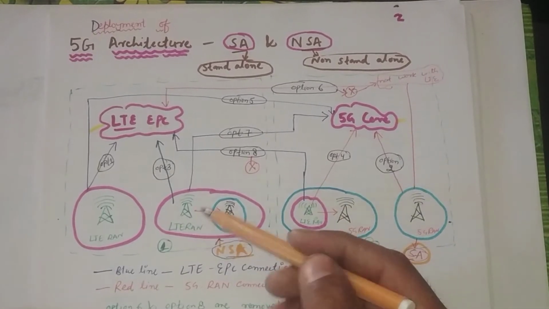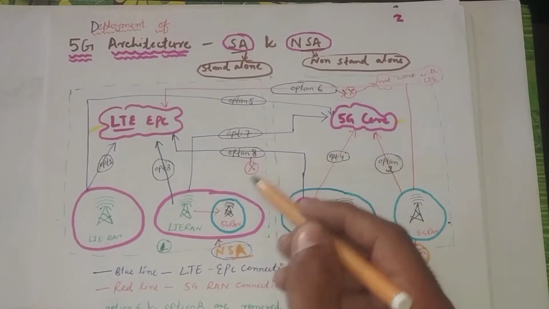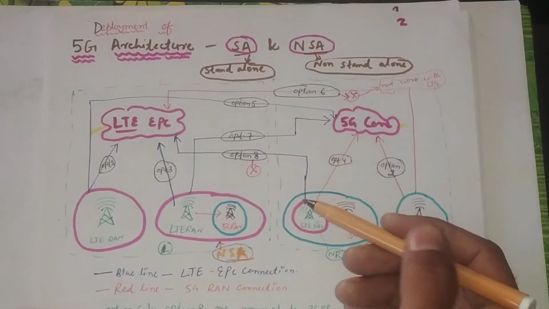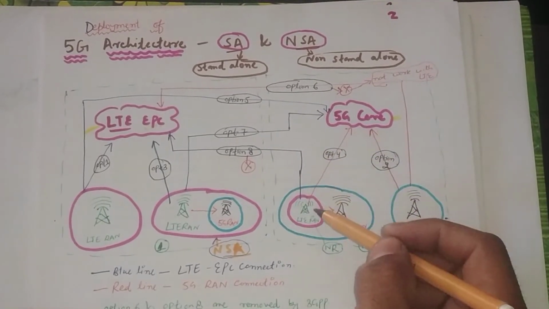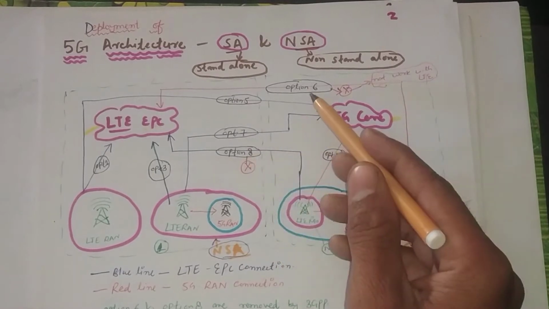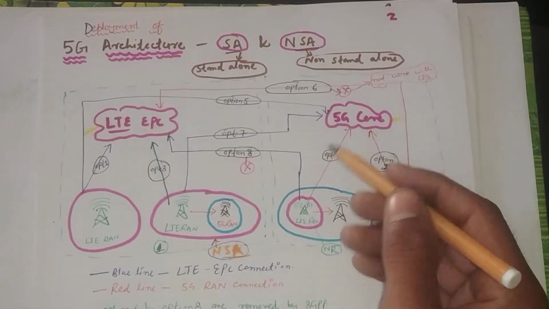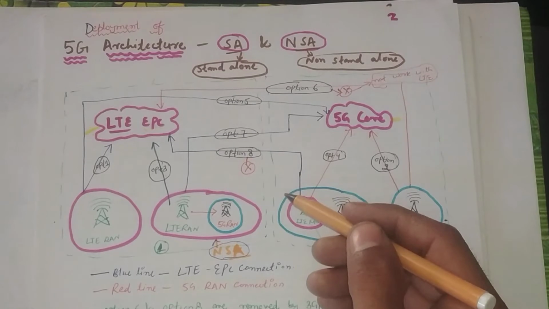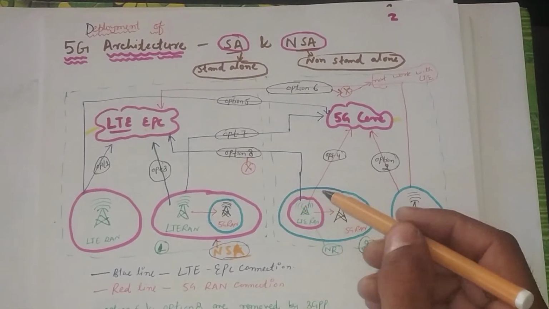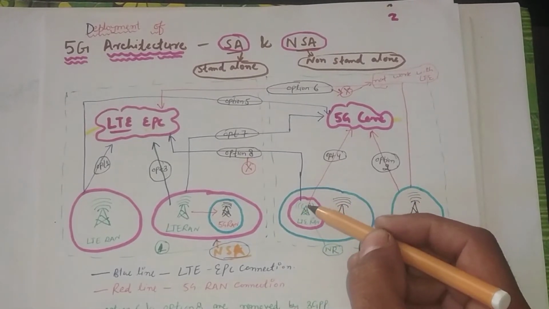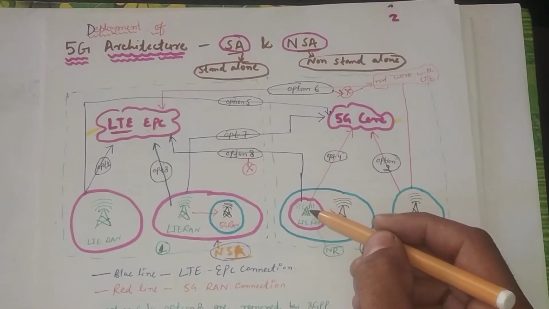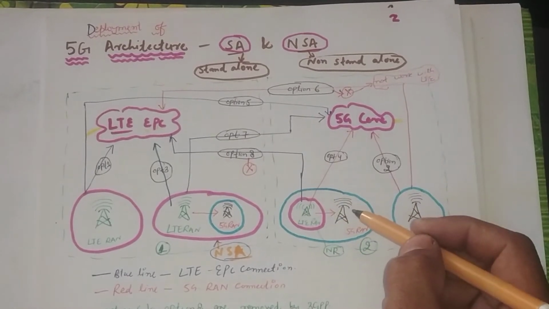And as you see in these crosses on option 8 and option 6, these option 8 and option 6 are removed by the Third Generation Partnership Project, because this 4G base station is deployed under the services of the 5G base station.